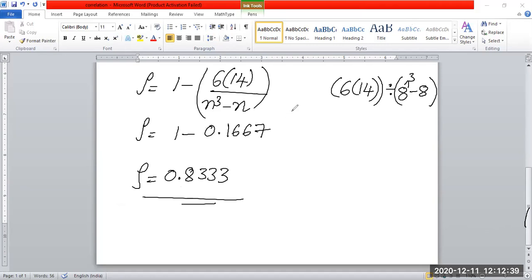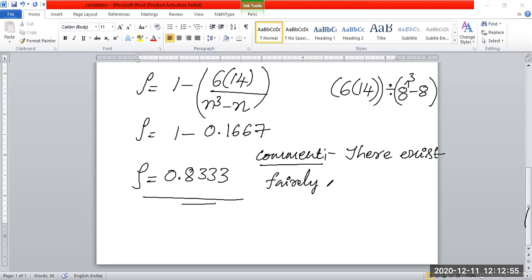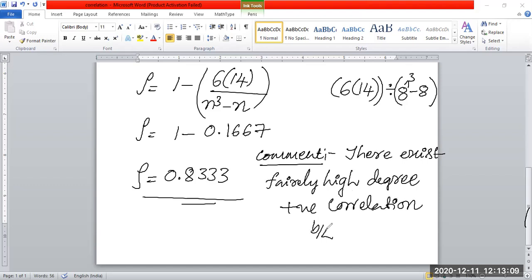Now comment. Comment, we are going to write: there exists fairly high degree positive correlation between x and y.